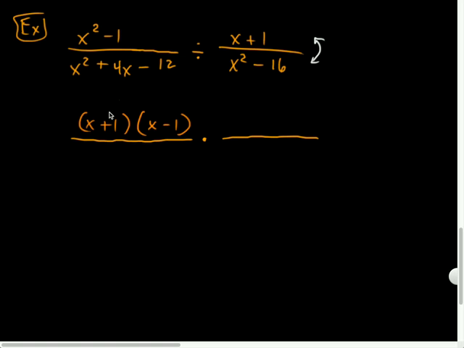Let's see. This guy right here, I'd find the factors of 12: 1 and 12, 2 and 6, 3 and 4. There we go, I got there eventually. And which of those subtract to be 4? 2 and 6.